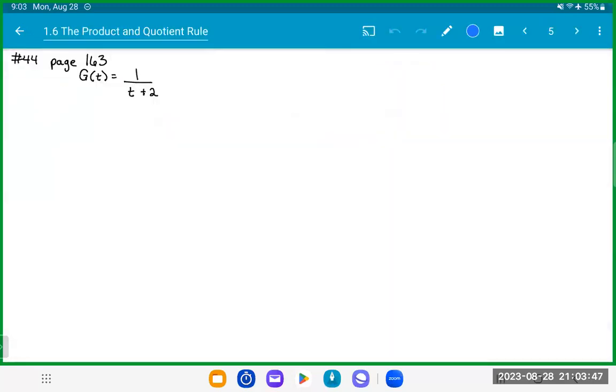All right. So let's look at another example where my f function is equal to 1 and my g function equals t plus 2. I will caution you when you're doing work in my math lab, notice this one has a t.